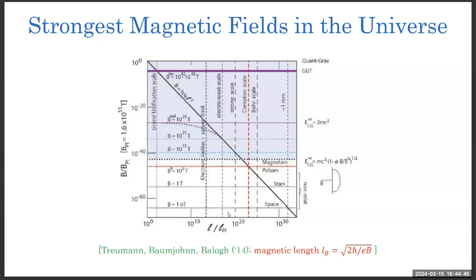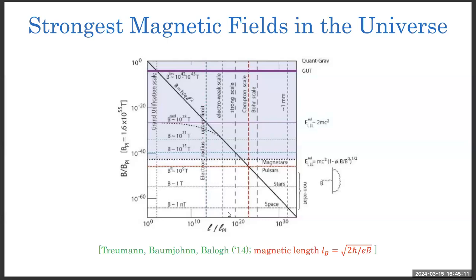So it has very small, in Planckian scale, the magnetic field is 10 to the minus 16. And the magnetar has more than 10 to the 29 Tesla, that is 13 Gauss, but in Planckian scale, still lower.